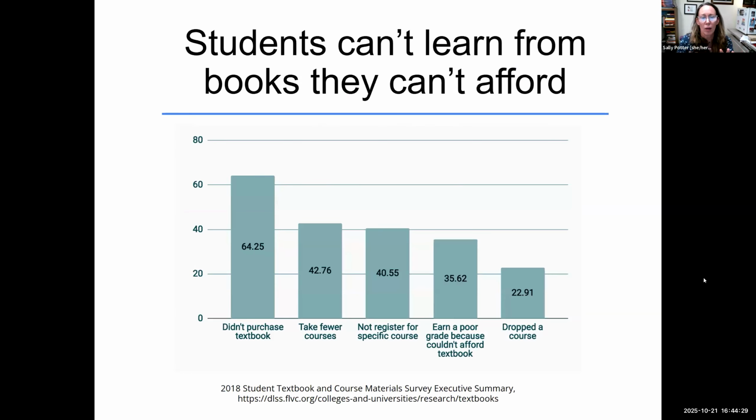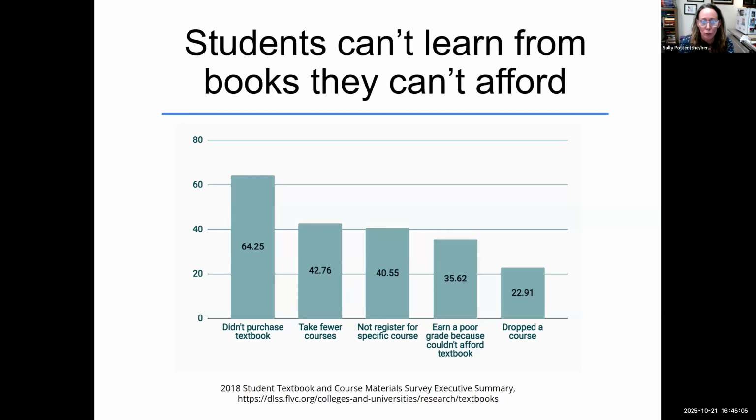And this 2018 survey of students explains why. What this was, it asked students if in their college career they have ever done any of these. Okay, so almost 65%, and these are students in four-year and two-year institutions across the U.S., 65% didn't purchase a textbook for a course that they were enrolled in sometime in their college career, because of the high cost of textbooks.